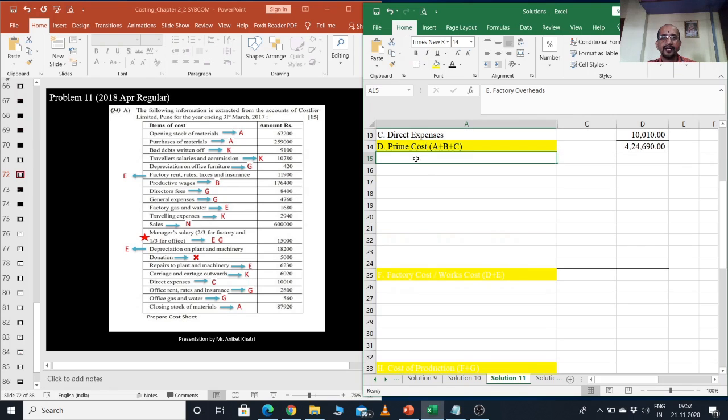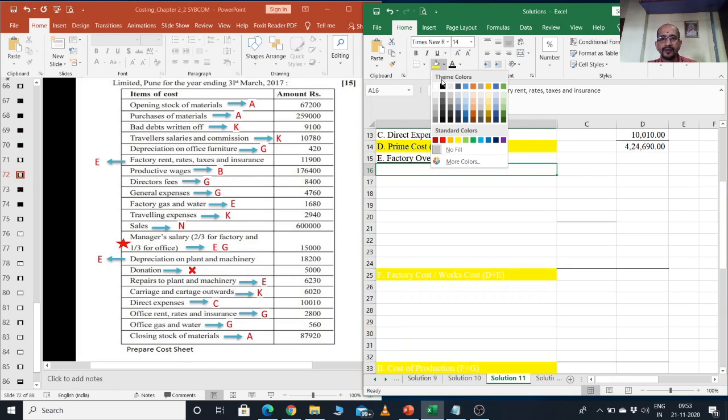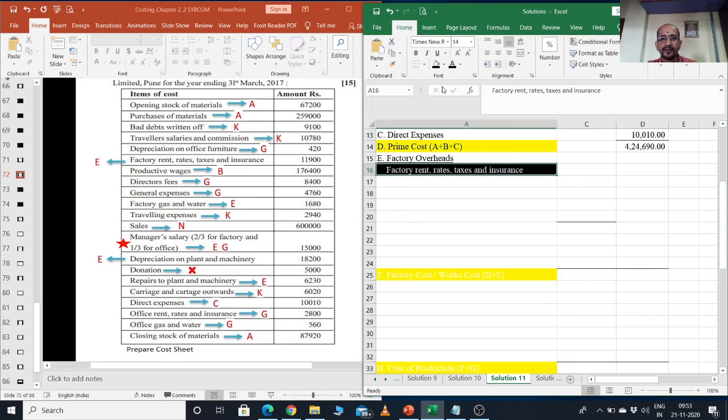Next is factory overheads. Now we need to check the E items, wherever we have put E. Here we have first E, factory rent, taxes and insurance.